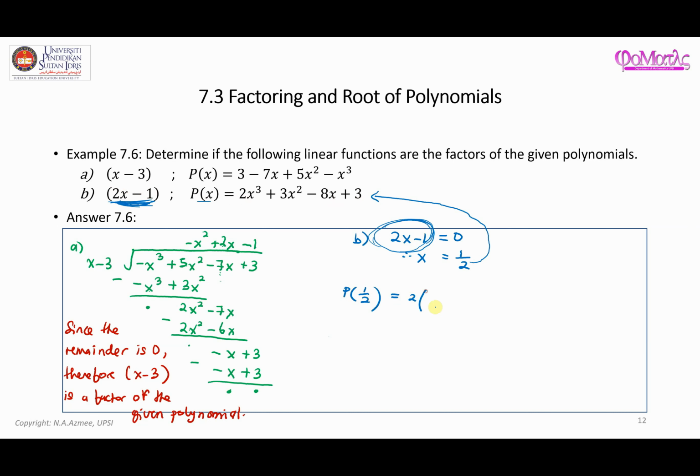Substitute half into this function. This is equal to 2 times (1 over 2) cubed plus 3 times (1 over 2) squared minus 8 times (1 over 2) plus 3.